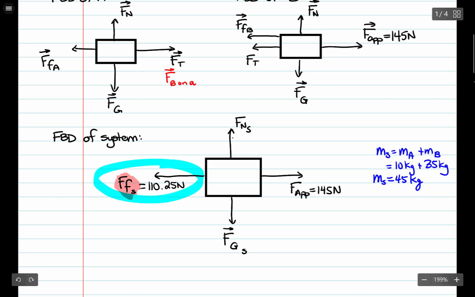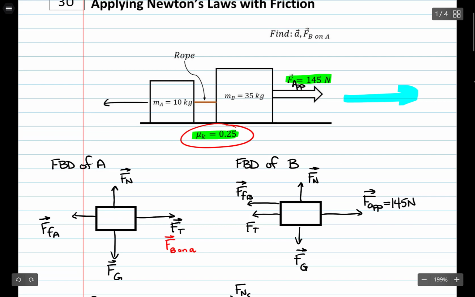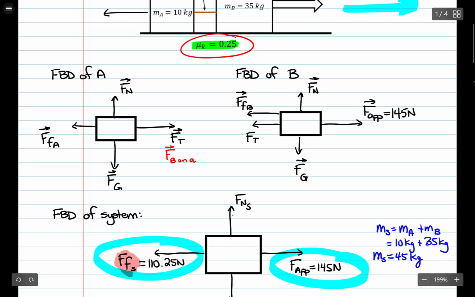So horizontally, we have a lot of information. We have that the frictional force acts towards the left with a certain magnitude of 110.25, and we have this applied force acting towards the right of 145 newtons. So the difference between those is going to attribute to an acceleration of our box towards the right. All right, so let's determine what exactly that acceleration is.